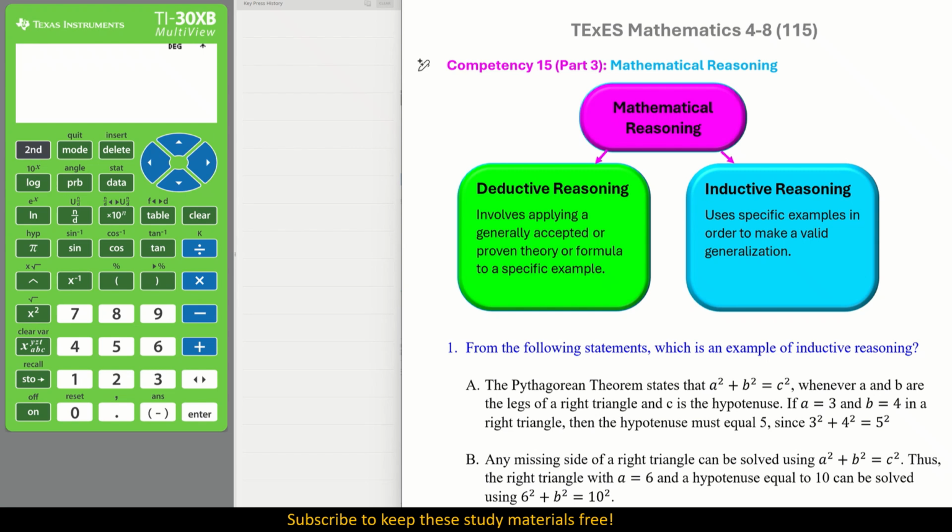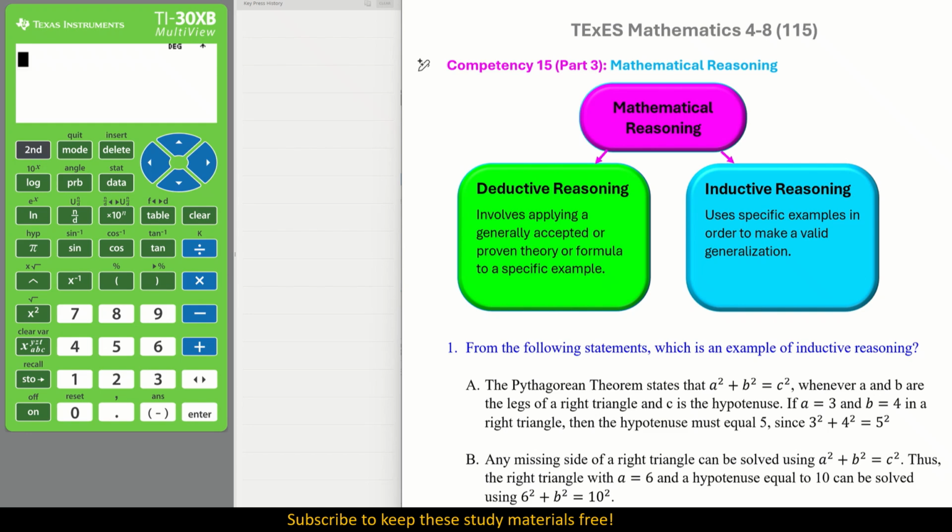Inductive reasoning is where you begin with a specific example and then conclude a generalization of some sort, which in education is the preferred reasoning. FYI, you're definitely going to have a question off of one of these.